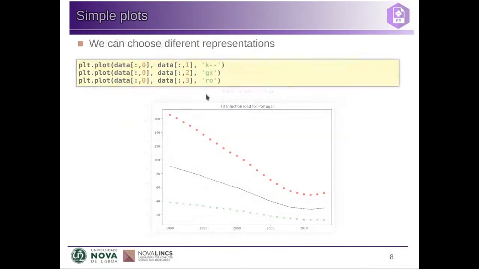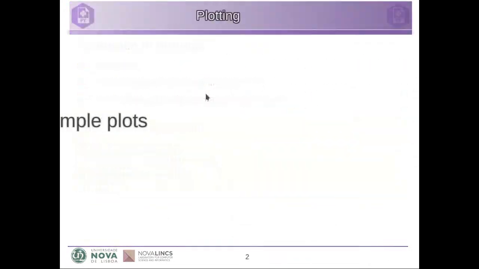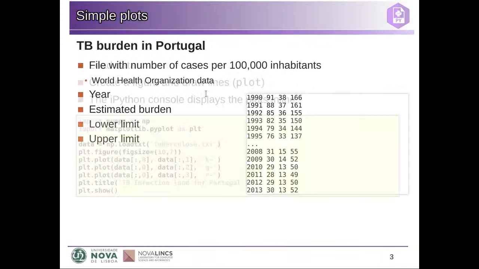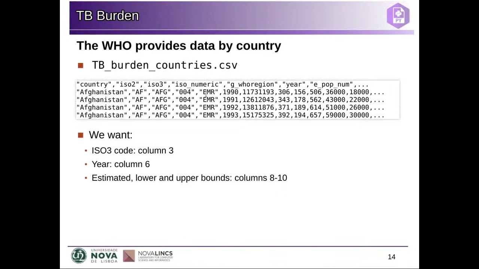So look here, in this simple example we have just the data for Portugal, but if you actually go to the World Health Organization site, what you get is something similar to what we saw in Gapminder, but with this kind of information. For each country, you have the name of the country, the ISO 2 and ISO 3 codes for the country.